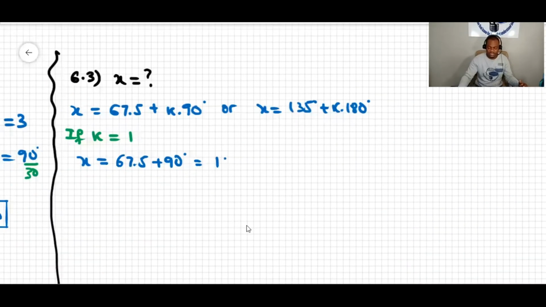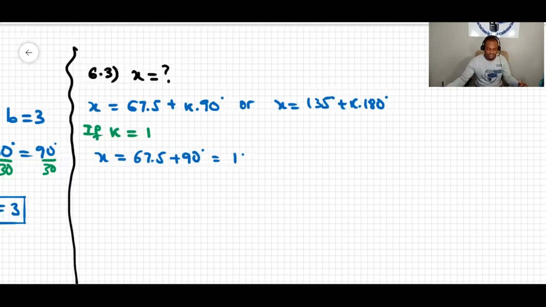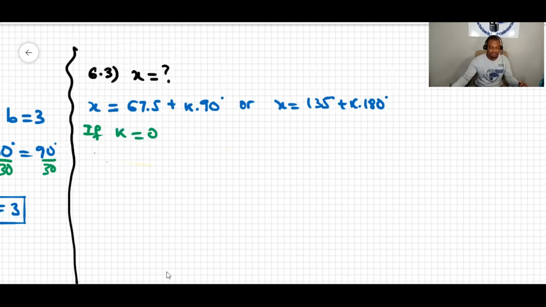Let's take a smaller value for k. Let's say k has a value of 0. Then x will be equal to 67.5 degrees plus 0 times 90 degrees.